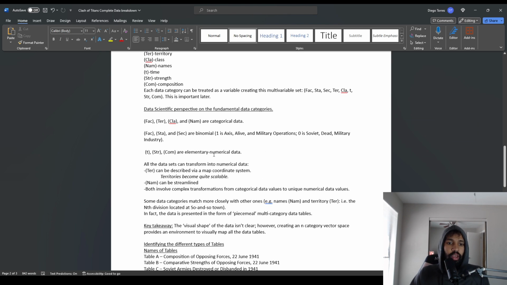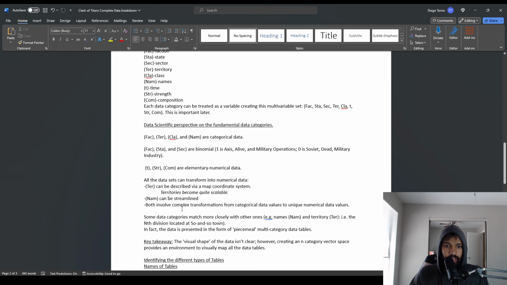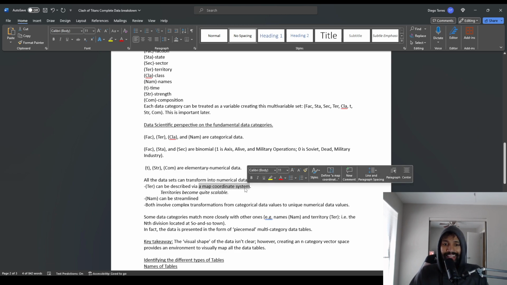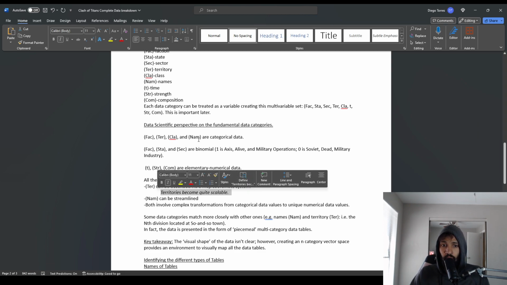A range of numbers. But the thing to point out is that all data sets can be transformed into numerical data, meaning that the territories, for example, all those regions that I was speaking of, I can actually use a map coordinate system. I can even use latitude and longitude if I want, and that's going to be able to quantify all those categorical data, right?